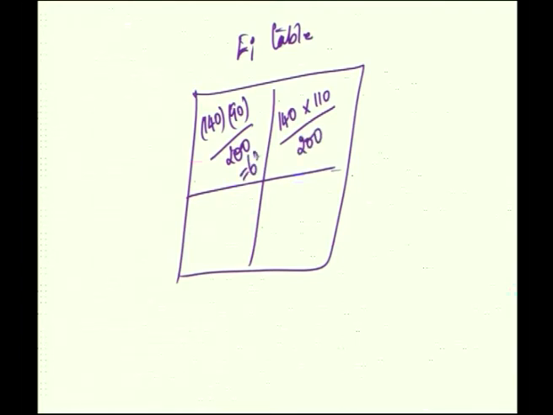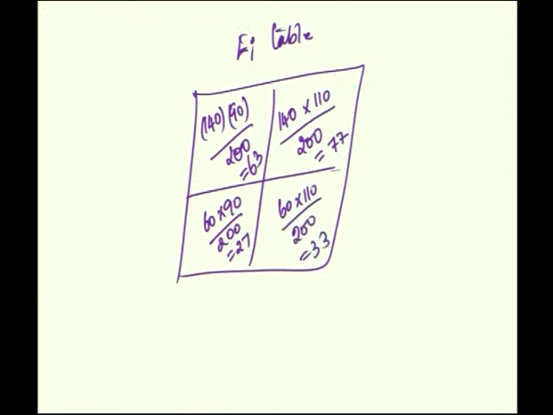So, here the value is 63, here the value is 77 and similarly this is 60 into 90 by 200 is equal to 27 and this is 60 into 110 by 200 is equal to 33. Now, just look at the total. Here also the grand total should come to be equal to 200 because summation OI should be equal to summation EI.